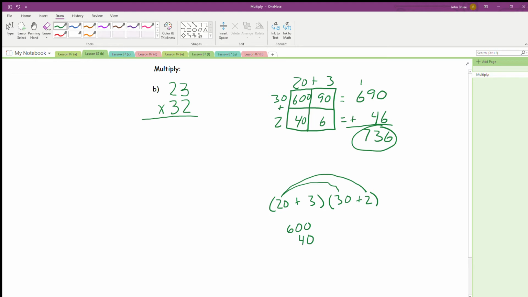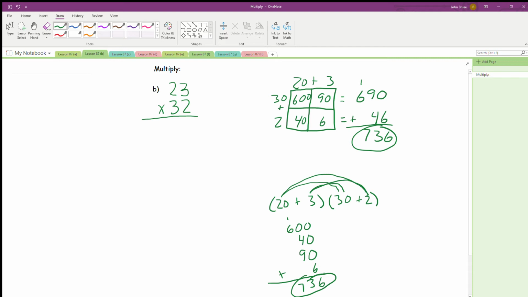We're going to solve 3 times 30, which is 90. And then we're going to solve 3 times 2, which is 6. I'm going to add those up, and that gives us 736 as well.